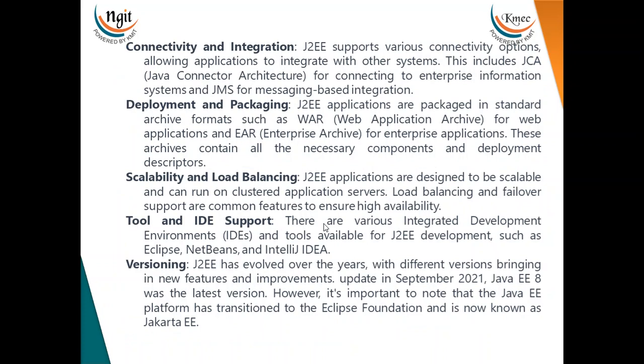Coming to deployment and packaging, J2EE applications are packaged in standard archive formats. For web applications it is WAR, the web application archive, and for enterprise applications it is EAR, the enterprise archive. These archives contain the necessary components and deployment descriptors.